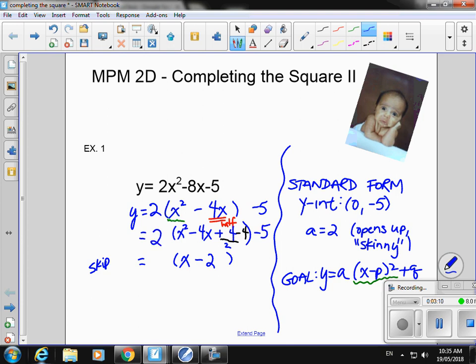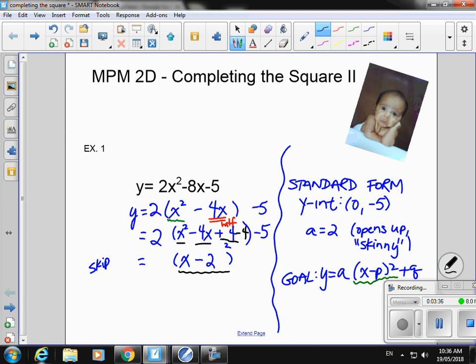All right. Line number 2 is complete. I factored out the 2. Line number 3, I introduced plus 4 and negative 4. That doesn't change the question. Line number 3 isn't complete, but I do know that perfect square I was aiming for. So the first 3 terms, x squared, subtract 4x, that's outside inside, and the plus 4 are all this, if I did FOIL on it.